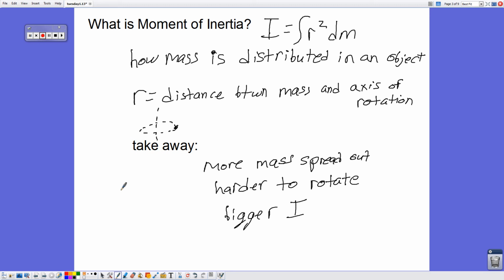Here's a good example. If you pick up the desk, so here's your desk, and here's you. Go ahead. Pick up a desk, and then rotate with it 180 degrees. Alright, I'll put it back down. Alright, that was not horribly difficult. Now, pick up the desk again, and extend your arms out all the way.